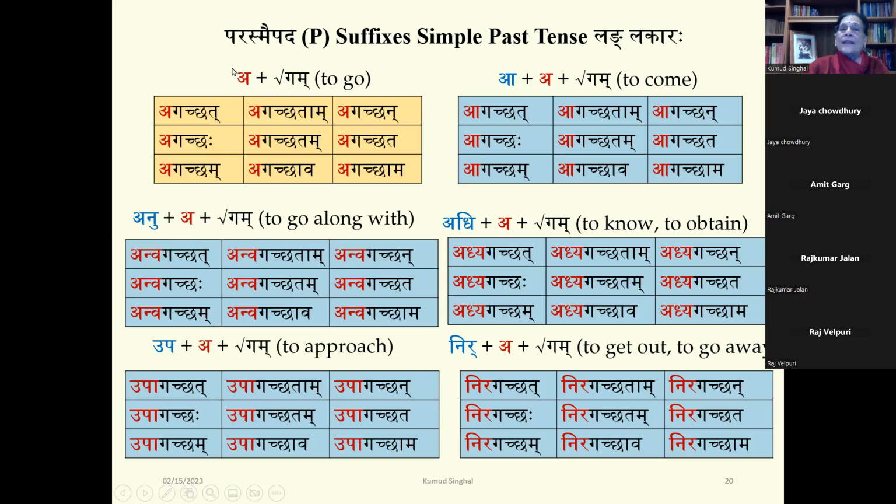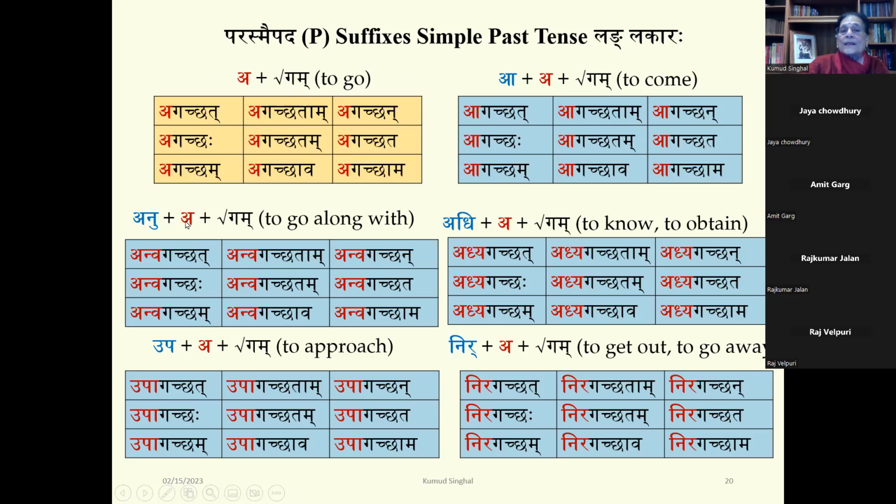So when you are adding upsargas in the past tense, there will always be a sandhi because this is prefixed by the vowel a. In present tense, it will be just anugachati because there was no a. So anugachati, anugachasi, anugachami, right? So there was no sandhi. But in the past tense, there will be a sandhi.